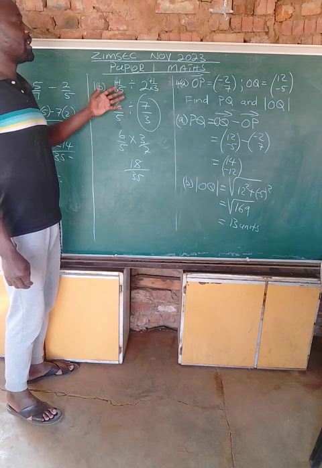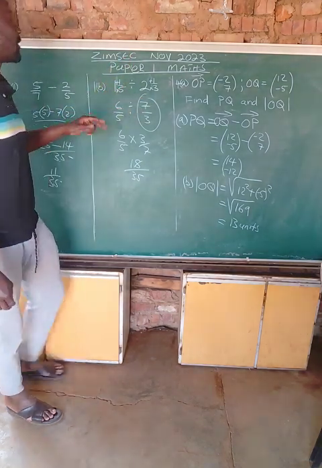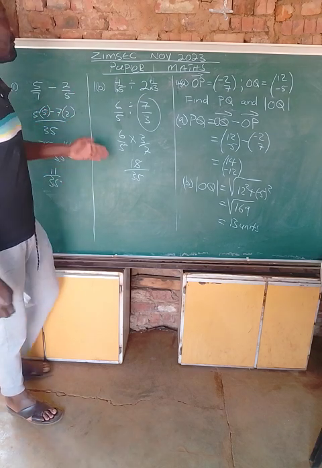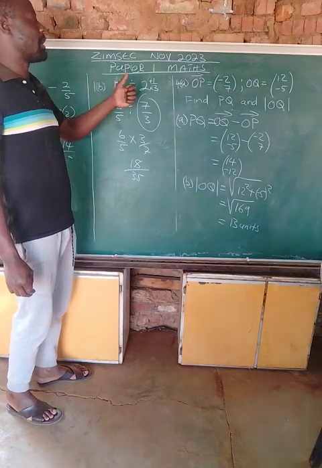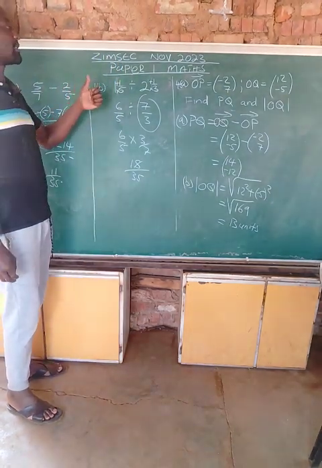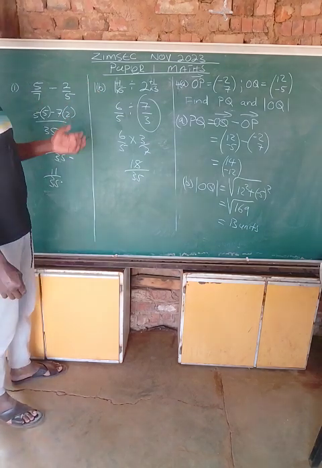Maybe in the evening, we are going to practice for paper 2, since we are going to write ZIMSEC November 2024. Maybe paper 1 is going to be on the 14th of October, if I'm not mistaken. Then paper 2 is going to be on the 16th of October. So we don't have much time here.